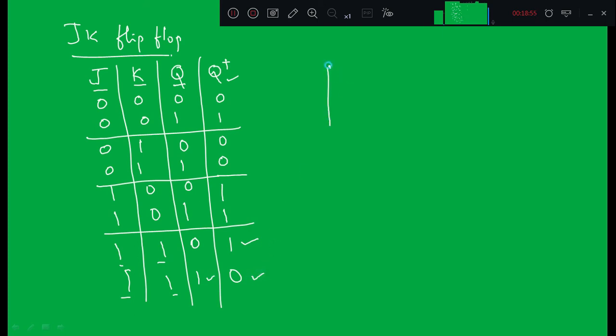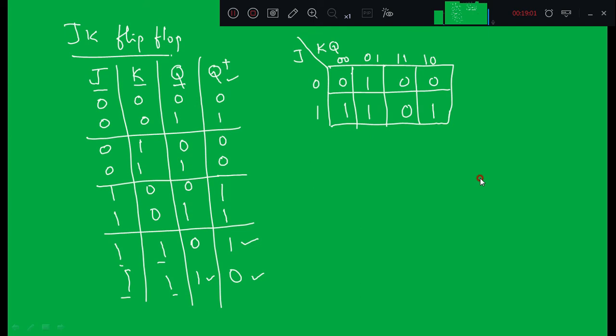So now we will put a 3 variable K-map for this truth table, right? So this is the K-map for the characteristic table of the JK flip-flop. What we will do is group these min terms now, right? So only 2 groups are possible. This one can be combined with this one, and what is the term for this?